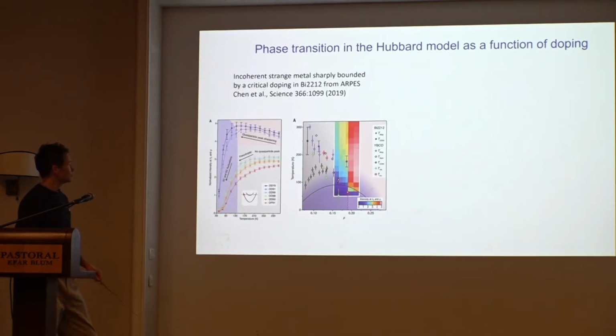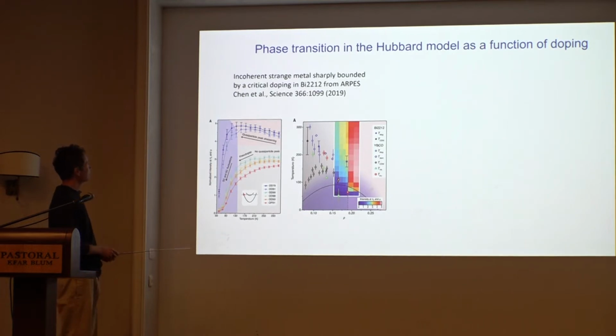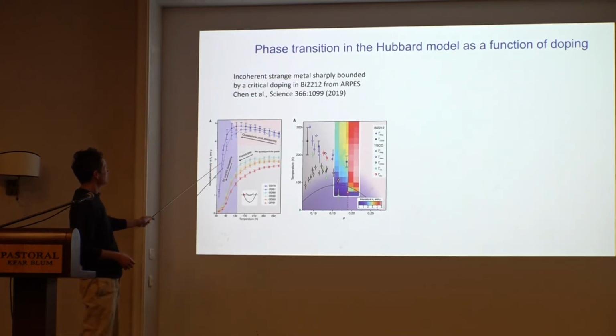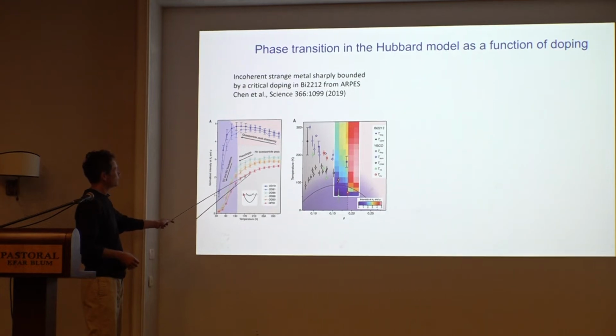Okay, so this was individual polarons. Of course, we want to understand many-body properties. So I'll just describe again one of the experiments. In cuprates, depending on the phase diagram, there's an interesting transition: close to the antiferromagnetic state, the system looks very unusual.